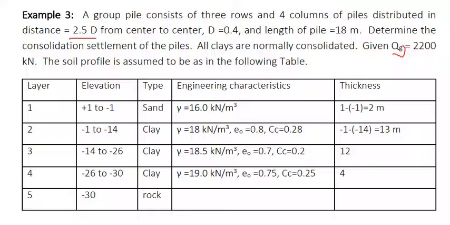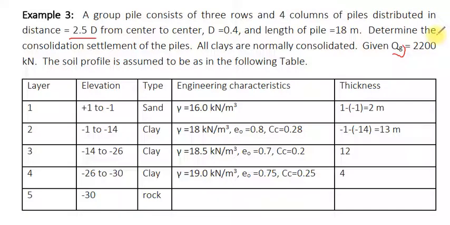To compute the consolidation settlement, we have to follow 3 steps. The first step is to make a sketch for the problem. In this sketch, draw the soil profile and the pile group, indicating the thickness of every layer.